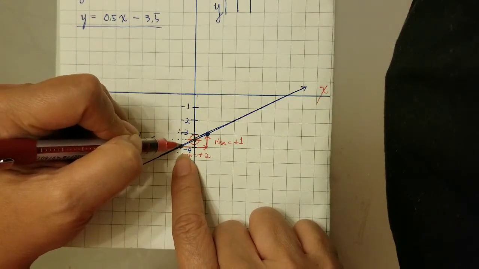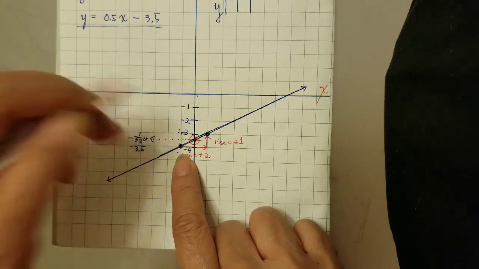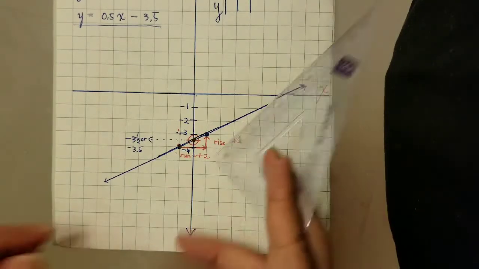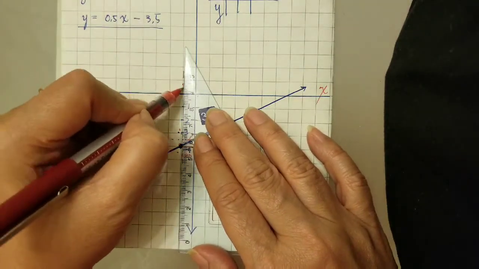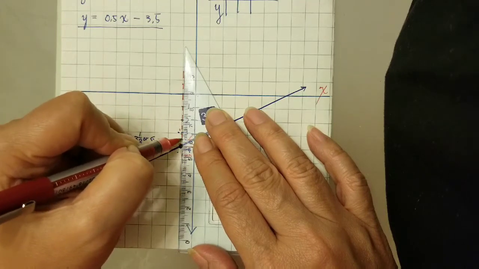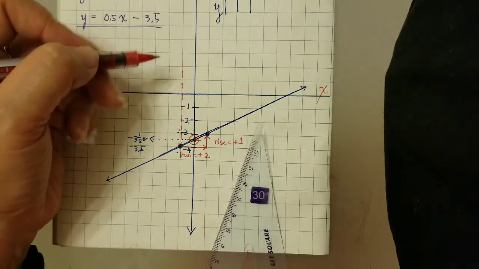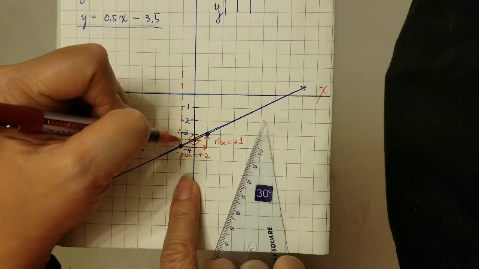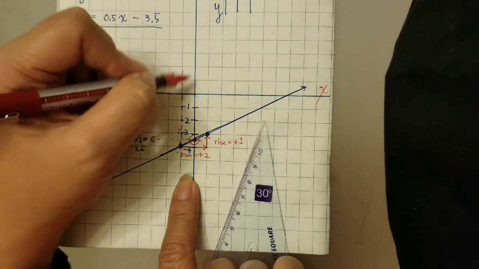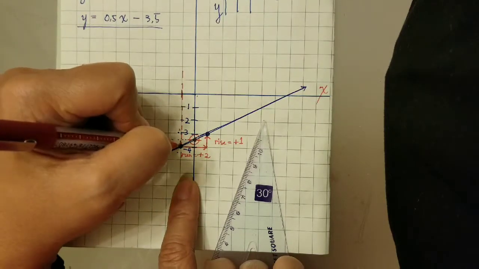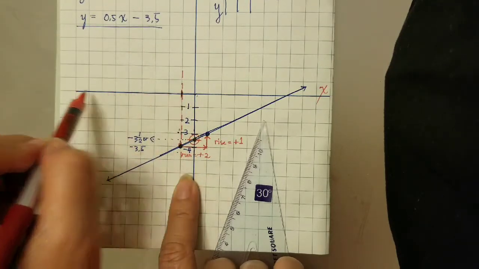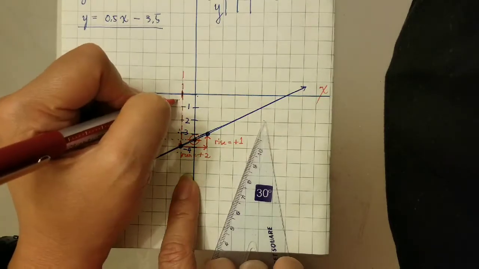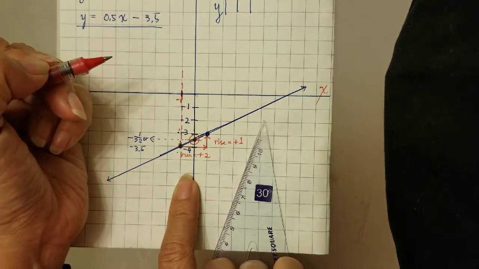If I go from this point and make a line, okay, let me use my ruler. Okay? So I'm making a line. As you can see, if I follow the track up here, you will see that this is aligned with this spot, okay? And since it's at the left side of the y-axis, this would be -1, okay?